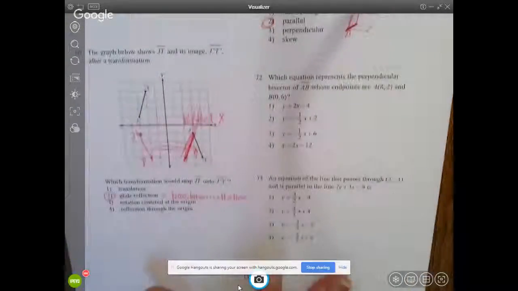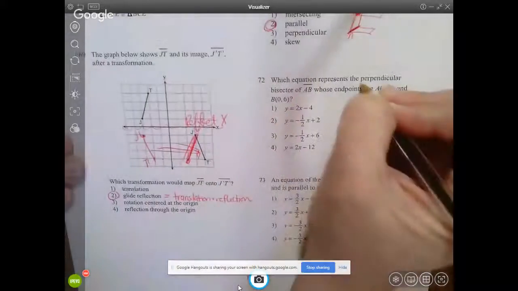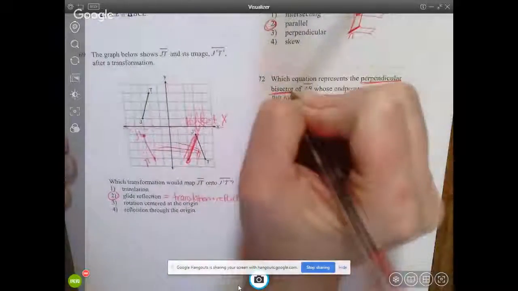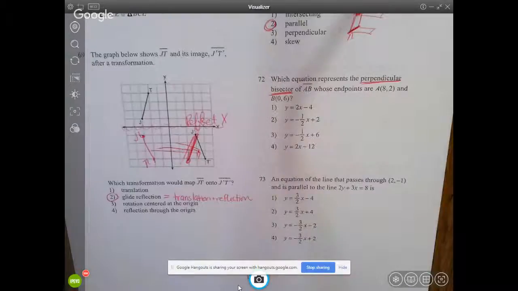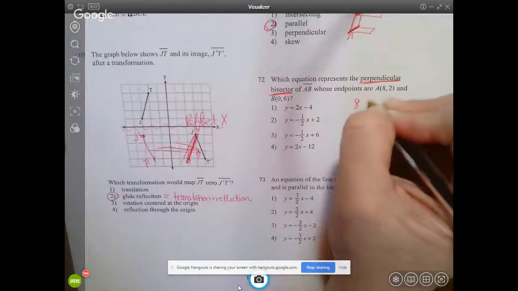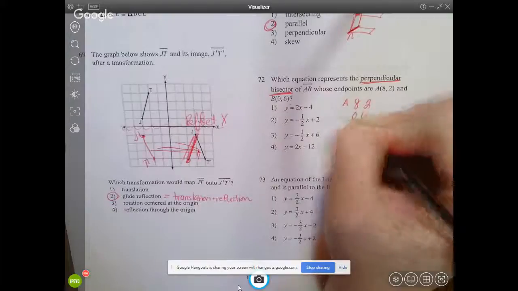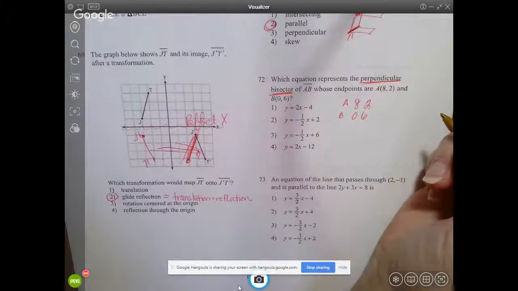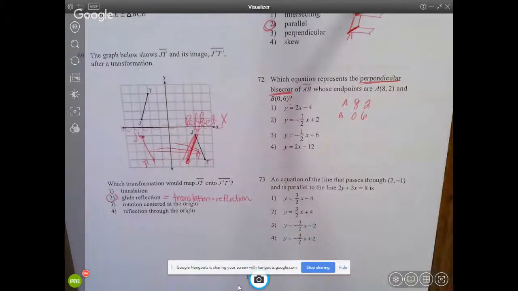72. Here's another one that says perpendicular bisector. Which equation represents the perpendicular bisector of AB whose endpoints are these? Oh, fun. Okay. That would be our A and our B. First, let's find the midpoint because it says bisector.